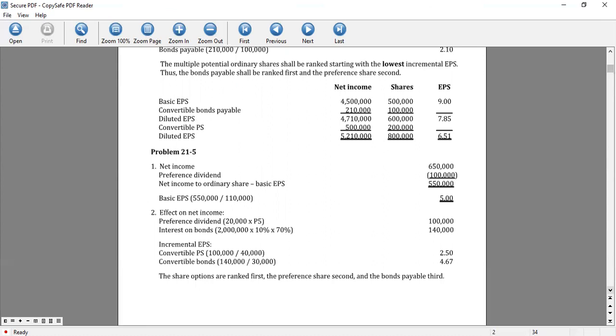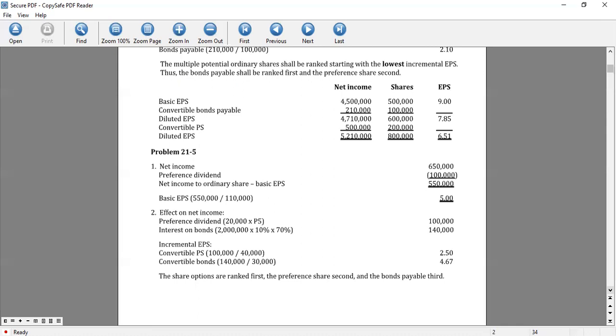Camiguin Company reported the following at year-end: ordinary share capital of 110,000 shares, convertible non-cumulative preference share capital, and 10% convertible bonds payable. Share options to purchase 60,000 shares at 15 were outstanding.